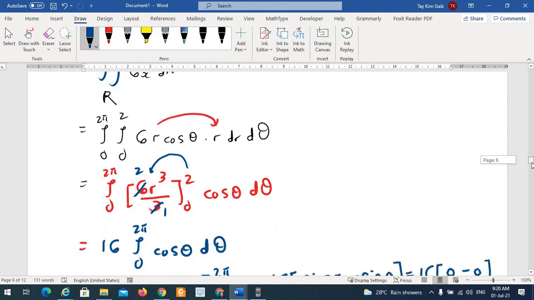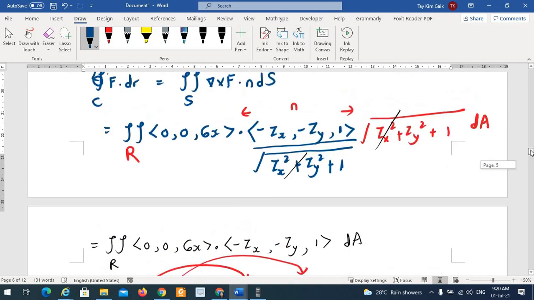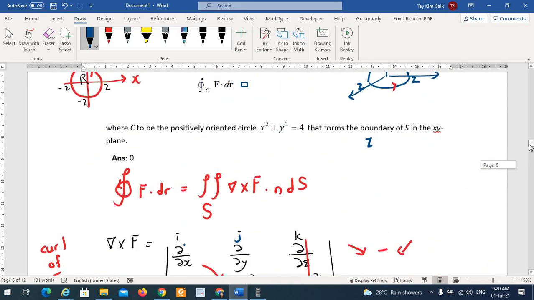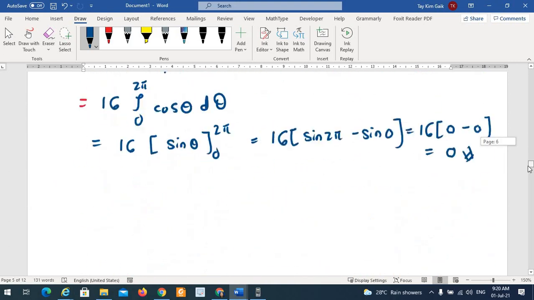Noted. As I said just now, if you want to evaluate the line integral also, it's not difficult, because your curve C is on the xy plane and is circular, so you can easily get your parametric equation.